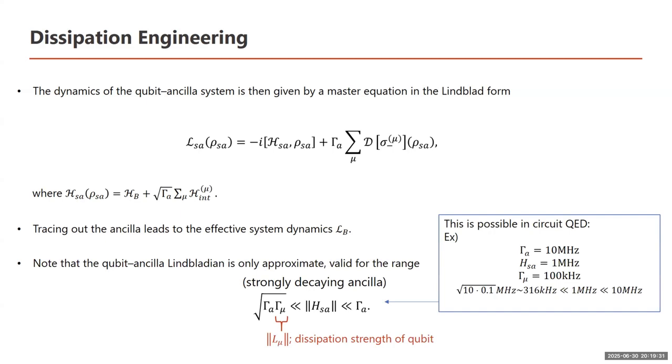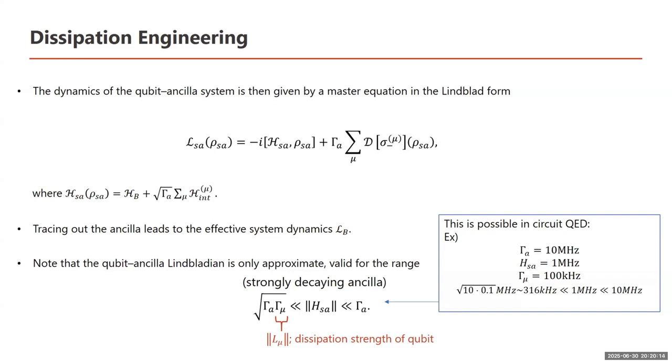But note that this qubit-ancilla system and Lindbladian is only an approximate description valid for the range expressed like this, where the dissipation rate of the ancilla gamma_A is much stronger than the ancilla coupling strength, and this coupling strength must also be larger than the dissipation strength of the qubit, denoted as gamma_mu.